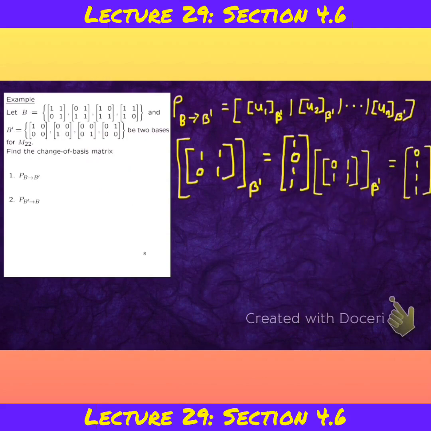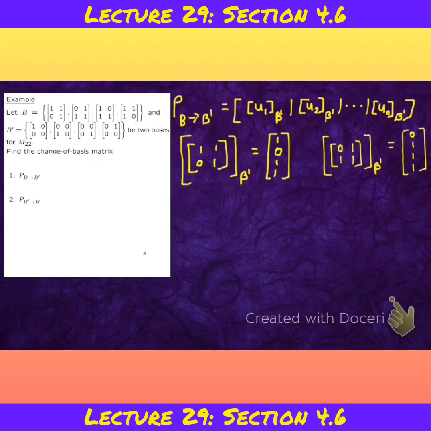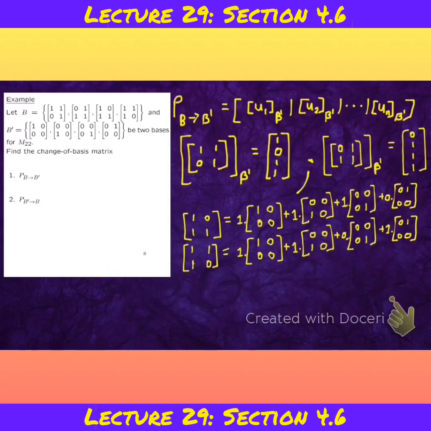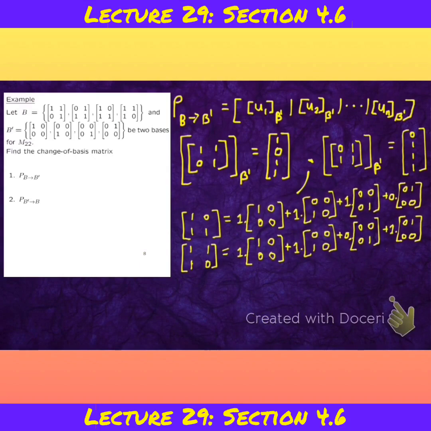Right, so placing my two vectors together there, we can find the coordinate vectors of the other two remaining vectors in the basis B. Right, so there we've got our two remaining vectors in my basis, and I've written them as linear combinations of vectors in the basis B prime.